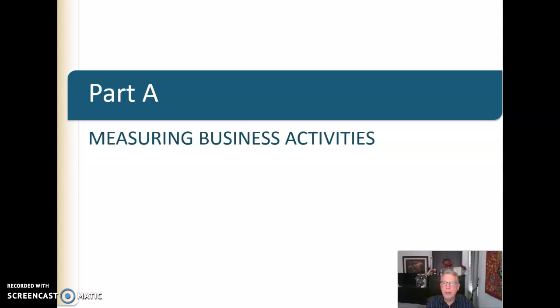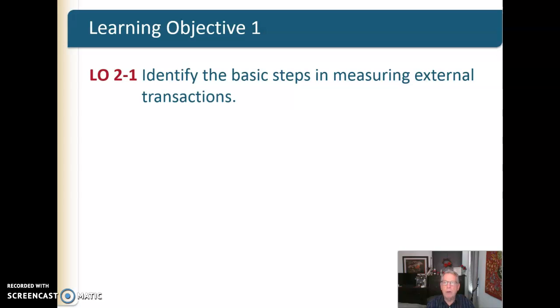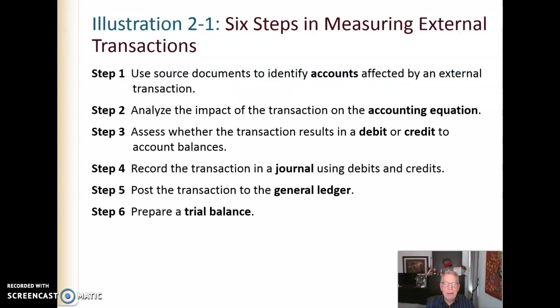All right, how do we do that, measuring business activities? Well, here are the basic steps in measuring external transactions. They have 6 of them here. First, we're going to gather our source documents, our backup, which identify the accounts we're going to use.